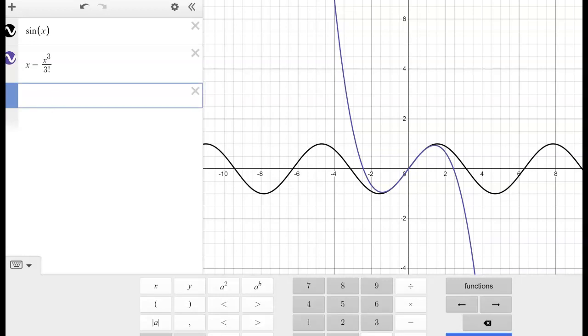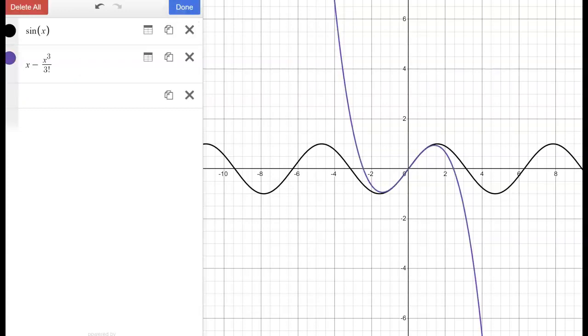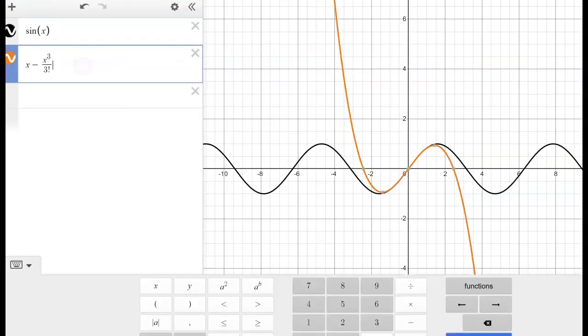As we add more functions, let me use a different color. The purple looks way too close to the black. Let's use a brighter color like orange. And we're just going to keep adding. So plus x to the 5th.